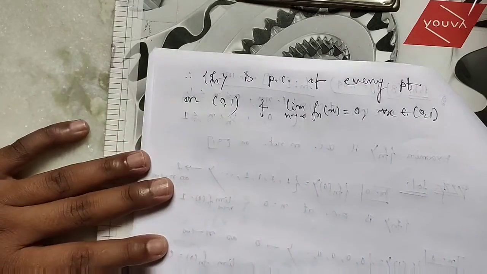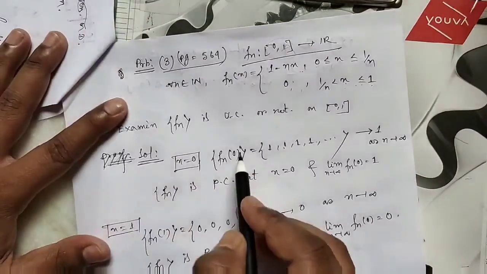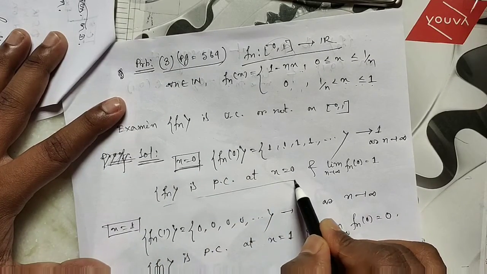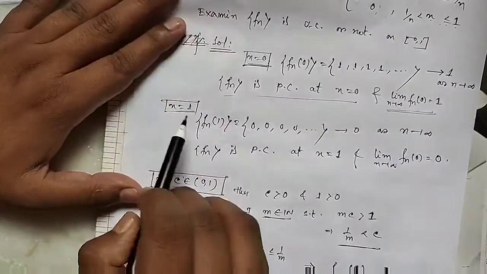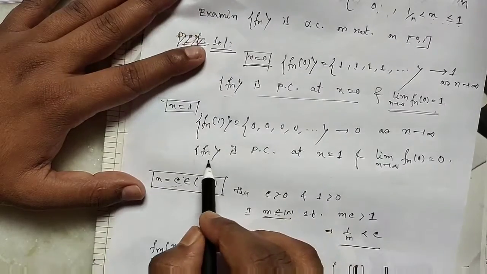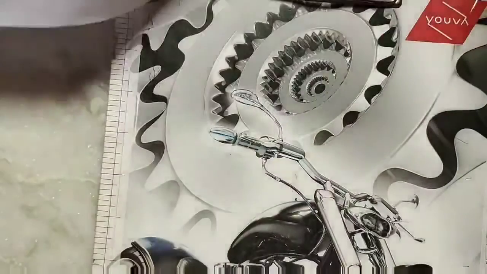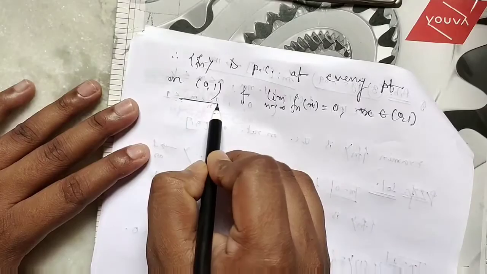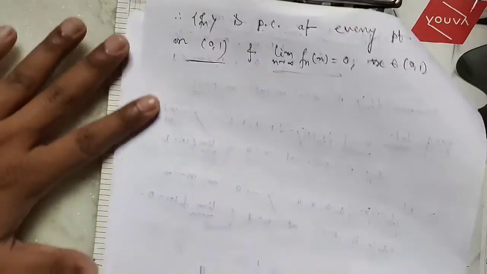So, what is our domain? Our domain is [0,1]. At the point 0 the sequence of functions is pointwise convergent and the limit is 1. At the point 1 the sequence is pointwise convergent and the limit is 0, and at every point in the open interval (0,1), the sequence is pointwise convergent and the limit is 0.